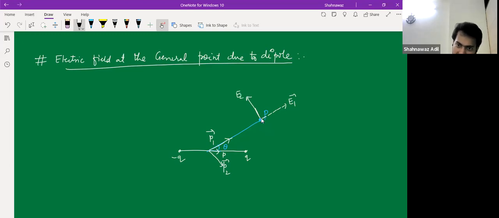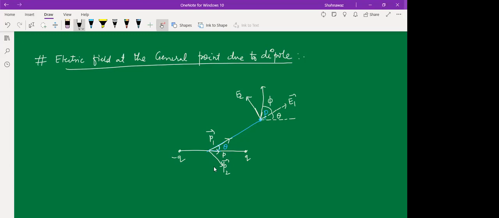And the resultant of this is this. Let's say this angle is theta, and this angle is phi. Understood, guys?